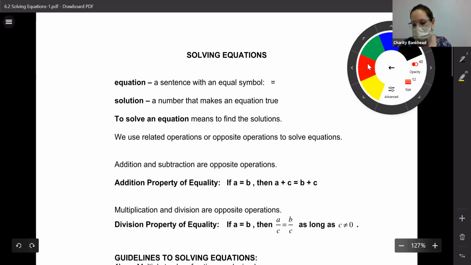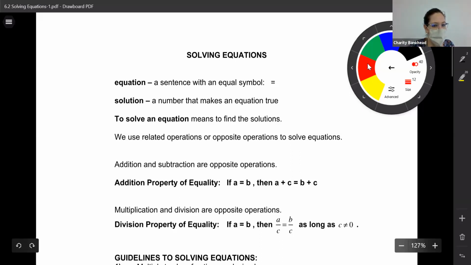So today we are going to start talking about solving equations. An equation has to have an equal sign, so it's considered a mathematical sentence.